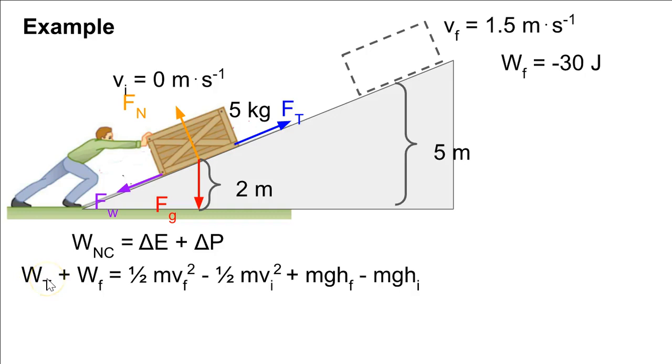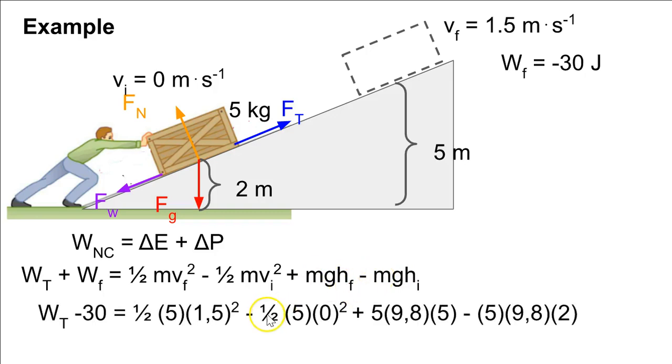That T was supposed to be an A, in Afrikaans it is toegepas, in English it's applied. Sorry for that little slip up. But anyway, the work done by the applied force plus the work done by the frictional force, those two are my two non-conservative forces acting on this system, is going to be equal to the change in kinetic energy plus the change in potential energy.